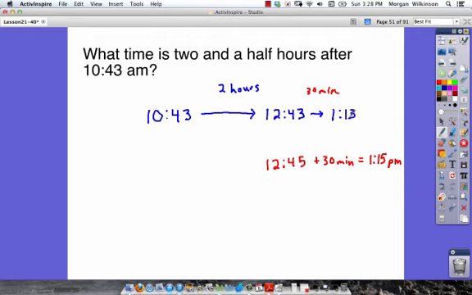We got 1:13 p.m. When we work with fives, sometimes it's easier to add on our time. We can do that as an intermediate step, if we like, to help us solve these elapsed time problems. So 2.5 hours after 10:43 a.m. would have to be 1:13 p.m.